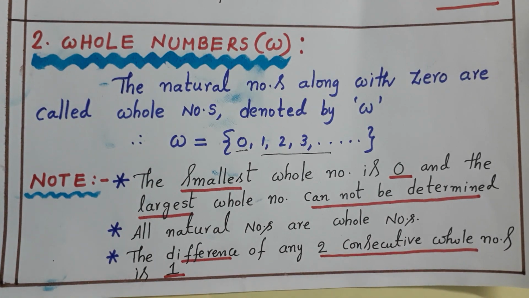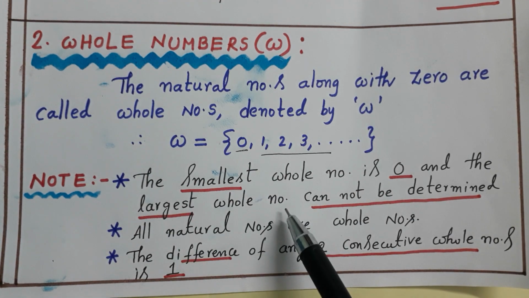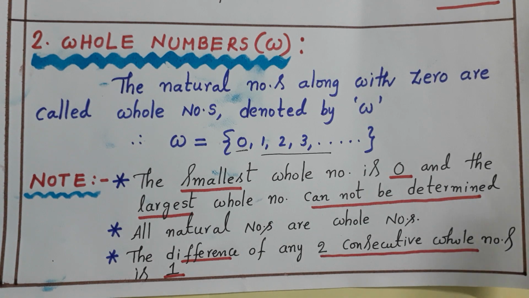Here also we see some properties of whole numbers. The smallest whole number is 0. Here also the largest whole number we can't say, so the largest whole number cannot be determined. And we can say all natural numbers are whole numbers. Yes children, there is no difference between natural and whole, only 0.